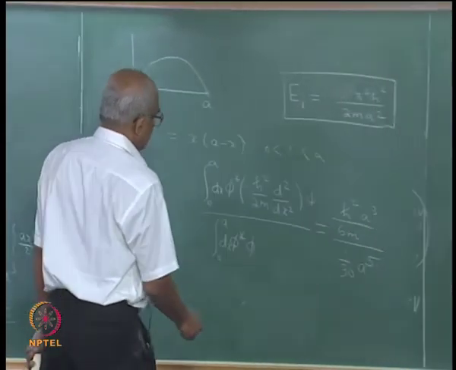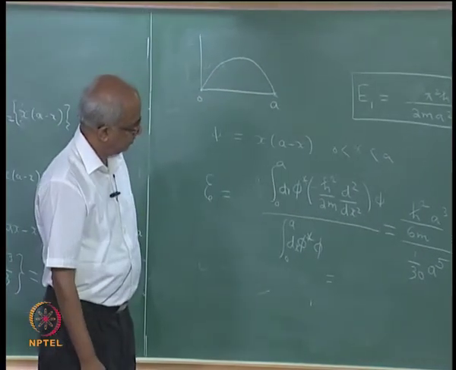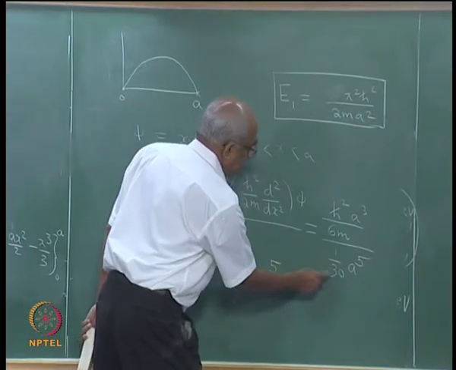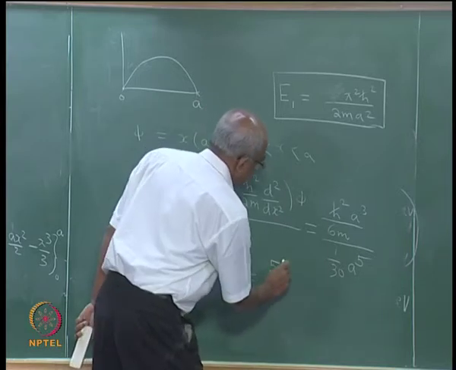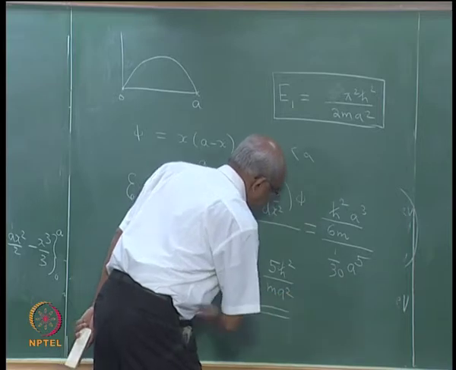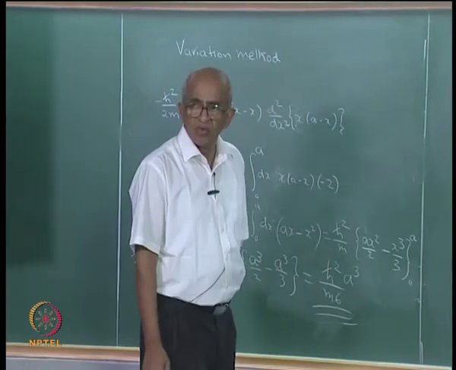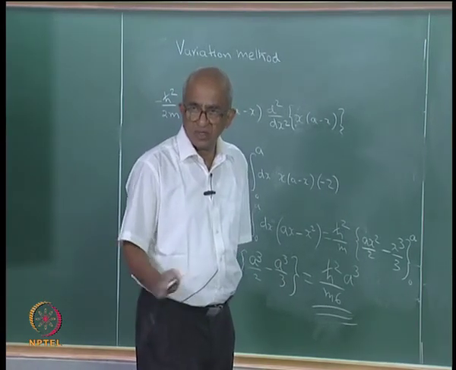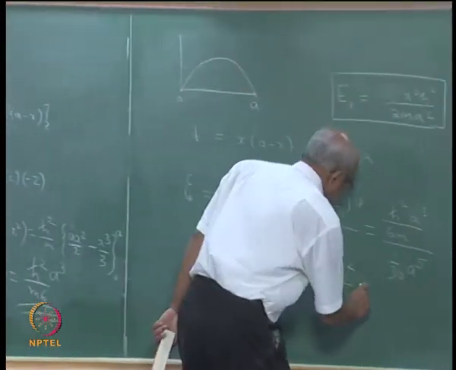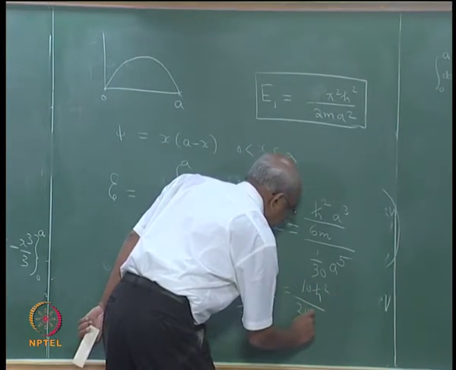So what is the answer that I get? This is the final answer, correct? Okay, you can verify this, because I want to finish in a few minutes. So this I may write as 10 h cross square divided by 2 m a square.